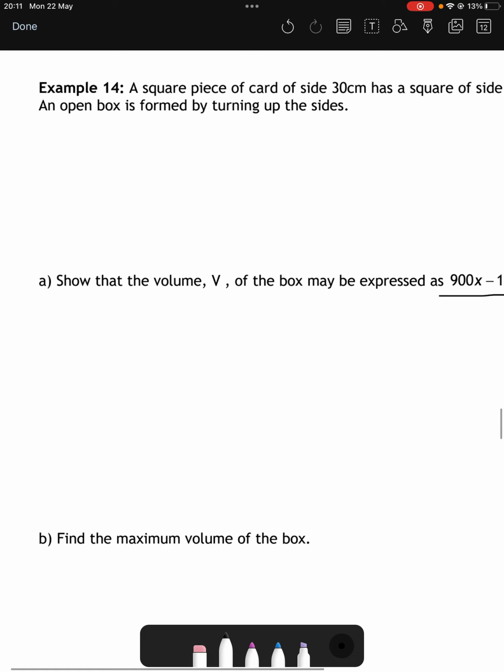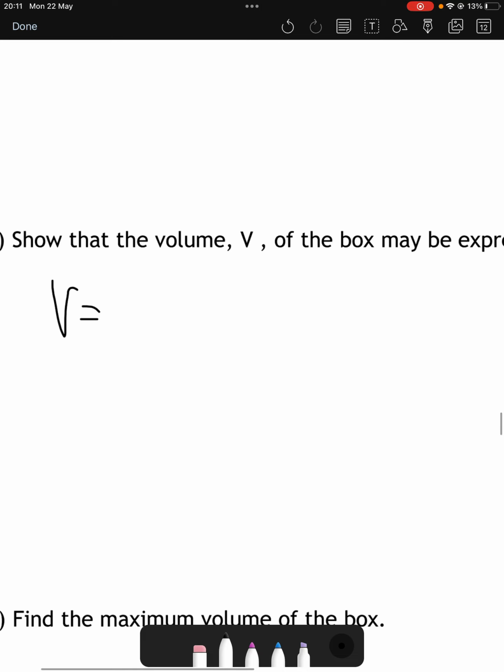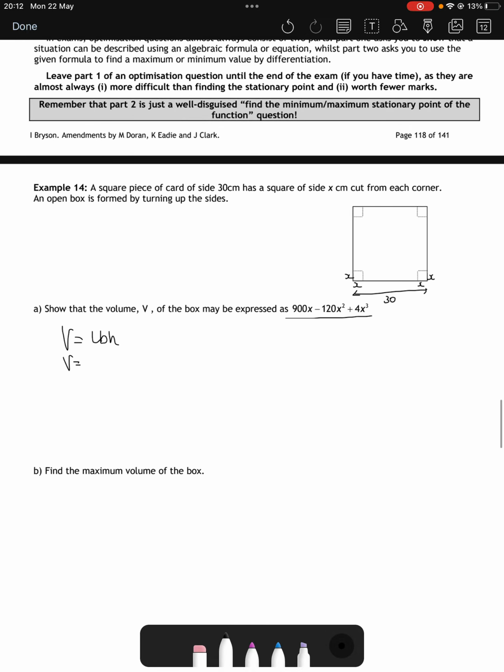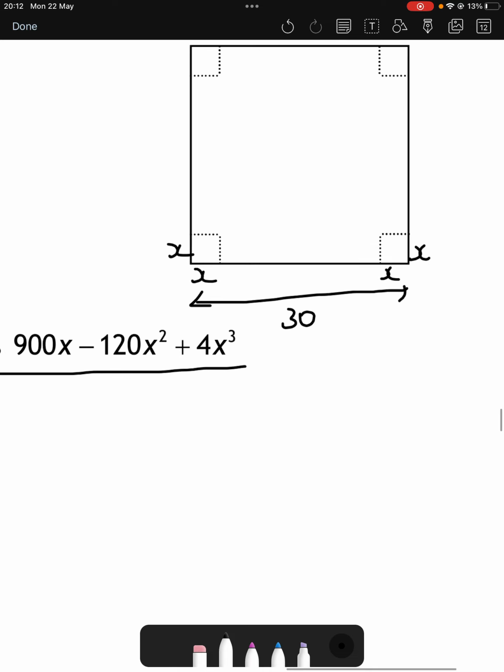Okay, so the volume of a box, we know, is length times breadth times height. So what is the length, the breadth, and the height? Well, the length and the breadth are going to be the same, because they're going to be our sides along here. So that's your length, and that's your length there, and they're going to be the same.